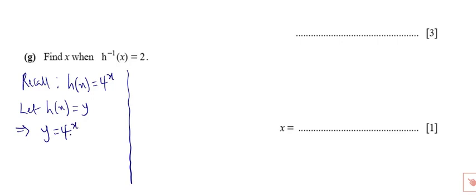Then the second step is for us to interchange or swap the x and the y variables. So it means that the variable y here we turn to x and the variable x turns to y. So it implies that x equals 4 to the power of y.